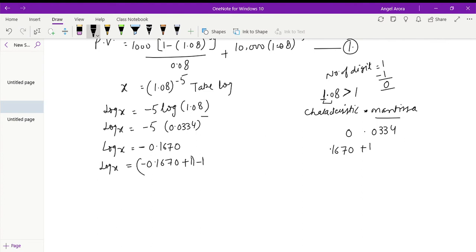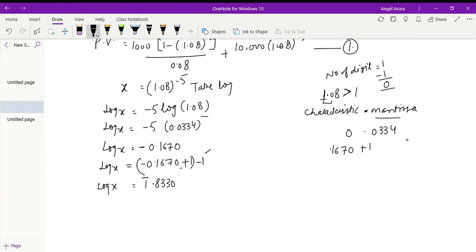Now take this part separately. Minus and plus. Minus. So subtracting 0.1670 from 1, we get 0.8330. So minus 1 part will be added later. So minus 1 means 1 bar. 1 bar is equal to minus 1. So 1 bar 0.8330. So log x will be 1 bar 0.8330.